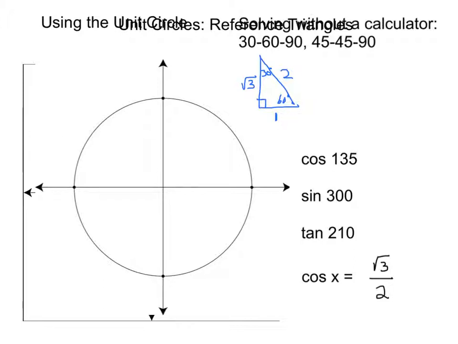The second triangle is our 45, 45, 90 right triangle. That one's actually even easier. It's an isosceles right triangle. So we have this picture right here. Those are equal. Both of the non-right angles are 45. So our base is to call our two equal sides 1.